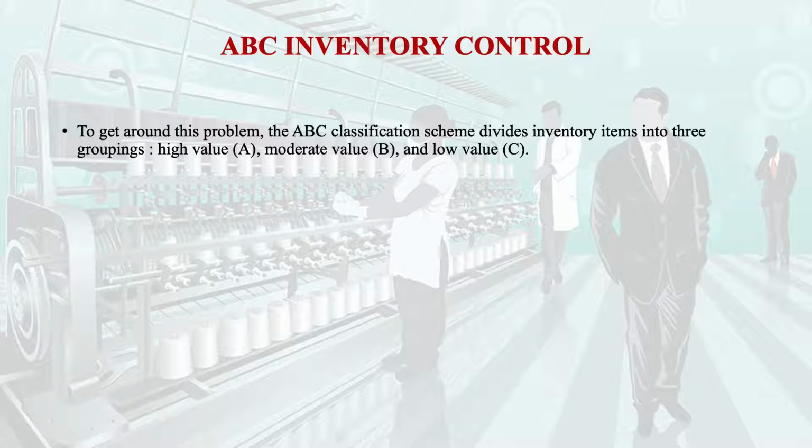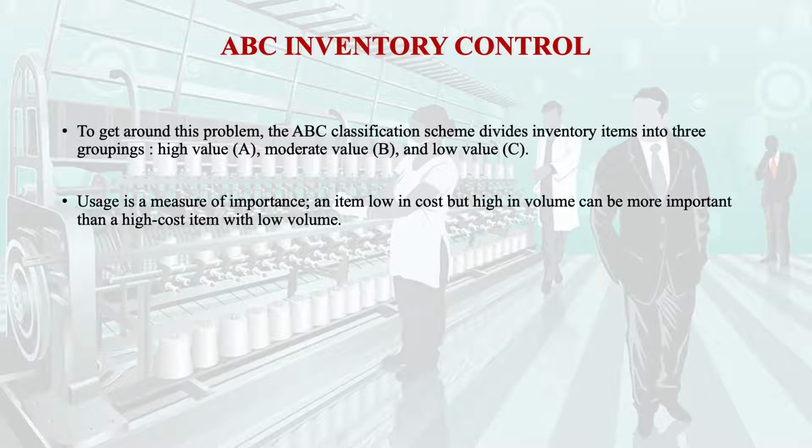The first one is the A group, which is known as high value. B is moderate value and C is low value. Usage is a measure of importance. An item low in cost but in high volume can be more important than a high cost item with a low volume.